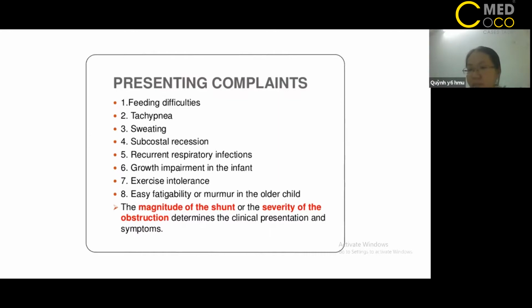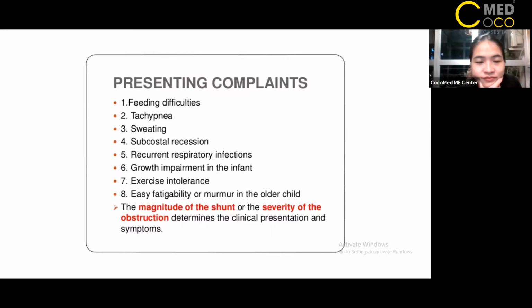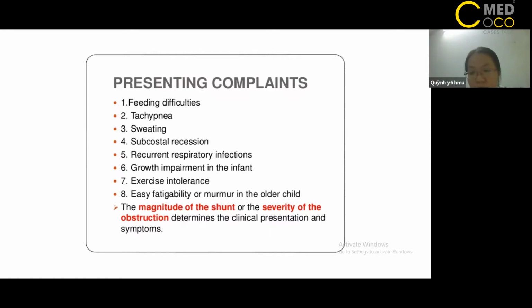Unintentionally. For example, when a child goes to the local clinic for vaccinations or just for a routine checkup, and the local health staff use the stethoscope to hear the heart sound and receive some abnormal heart sounds, he or she will refer this child to an expert, a pediatric cardiologist.